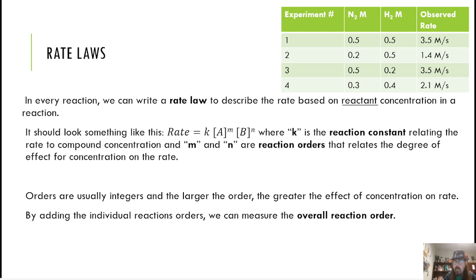It has a rate of 3.5. When I decrease the amount of nitrogen, the rate slows down. When I decrease the amount of hydrogen but keep nitrogen the same, the rate stays the same. And when I decrease the amount of nitrogen and hydrogen, the rate goes down.